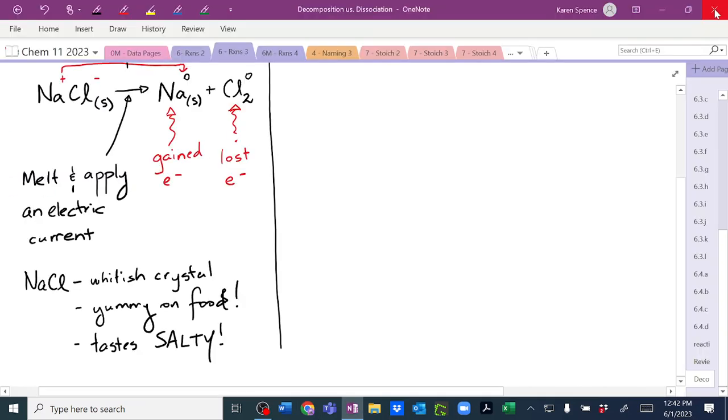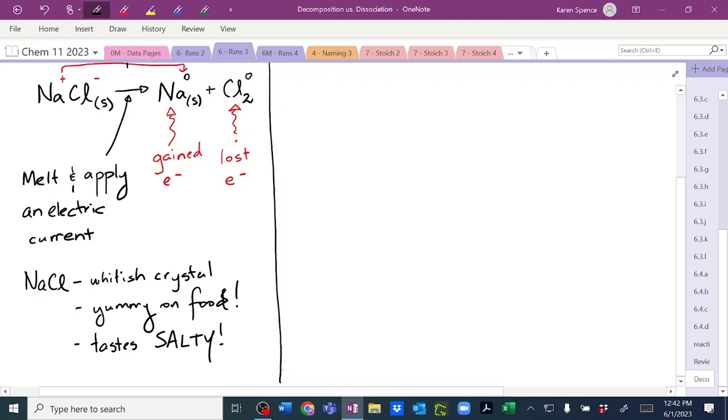Let's see if I have a picture of sodium. It's not going to come up. No, we're not going to try even for that because it'll take way too long. But does anyone know what happens if you put sodium metal in water? It explodes. So if you were to eat sodium metal instead of sodium chloride, your stomach would explode.